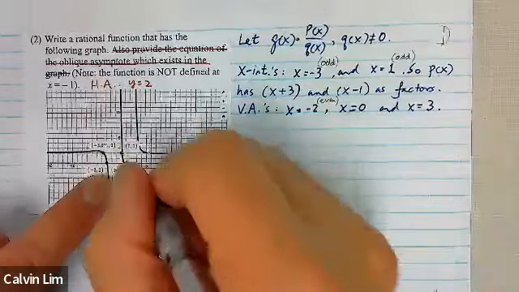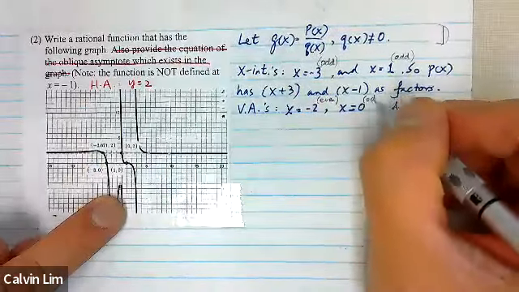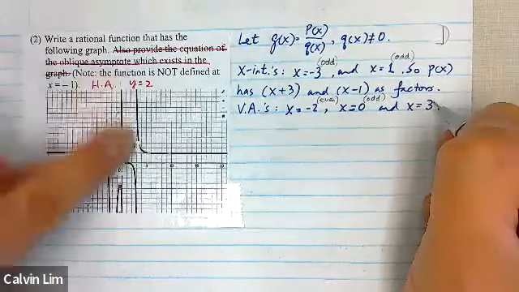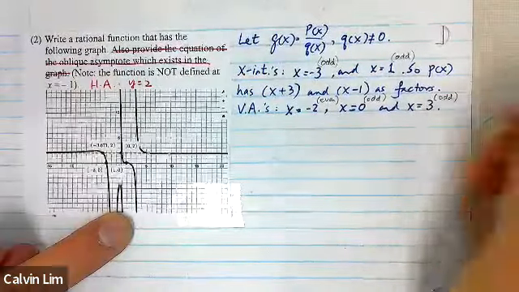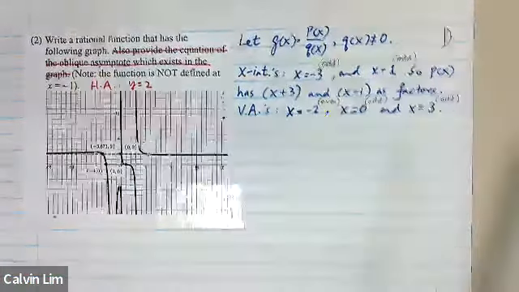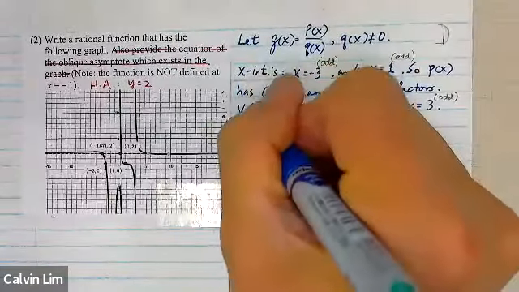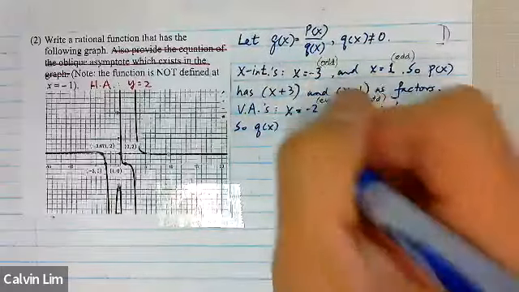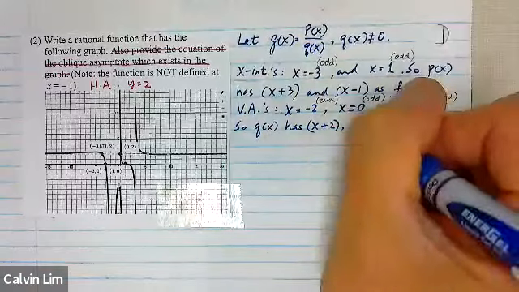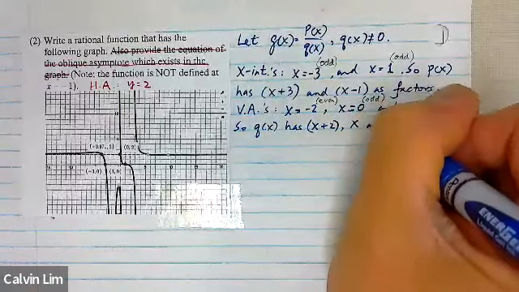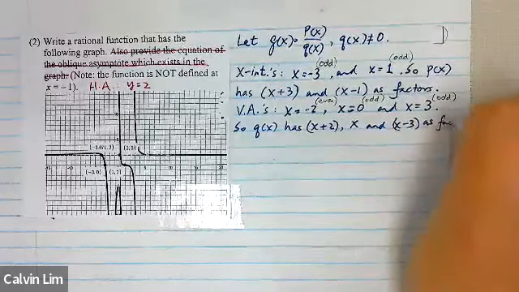At X equals 0, the graph grows in opposite direction, so this should be odd. And with respect to X equals 3, the graph grows in opposite direction, so we should also have an odd multiplicity. So Q of X has X plus 2, X, and X minus 3 as factors.